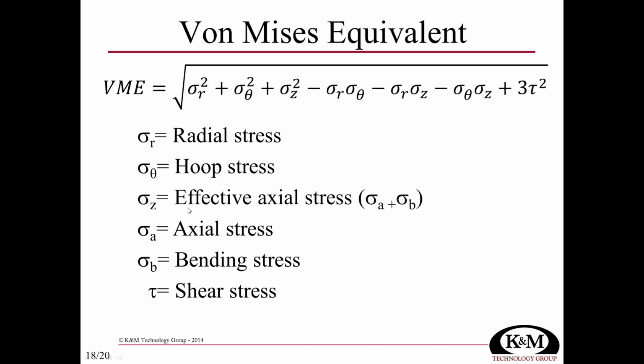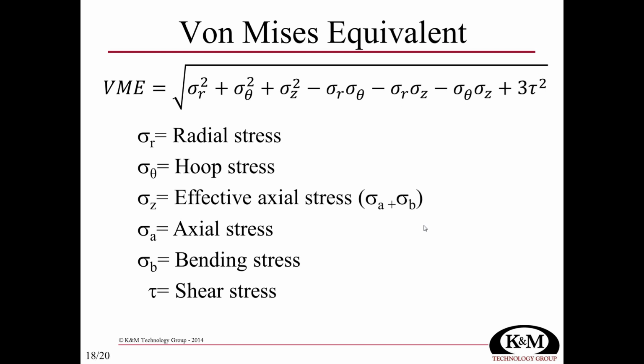And of course, when we use the notation Z, what we mean is effective axial stress, which is my axial stress plus bending, minus radial times hoop, minus radial times effective axial, minus hoop times effective axial, and then we add 3 times my shear squared. And that will produce a value in units of PSI.